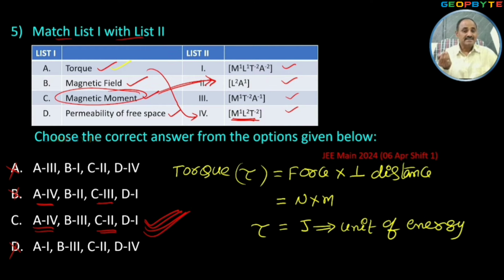Like that, you can save time by knowing the dimensional formula for one or two quantities. From the torque dimensional formula, you got 50% of the answer. The magnetic moment is A L square, L power 2 A power 1. Therefore, A4 correct, C2 correct, matching only option C. Option C is correct. Understood clearly?